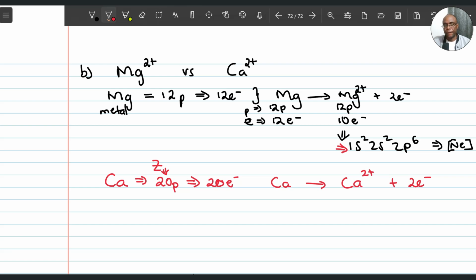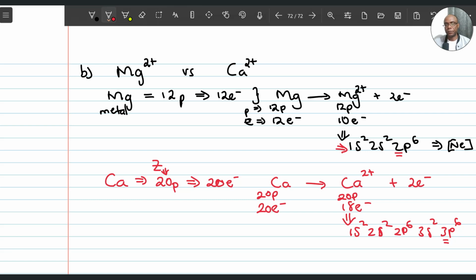The number of protons will stay the same. Number of electrons will change to 18 electrons. The electronic configuration will be 1s2, 2s2, 2p6, 3s2, 3p6. You see how you're going to the third shell, but this one stopped at the second shell?